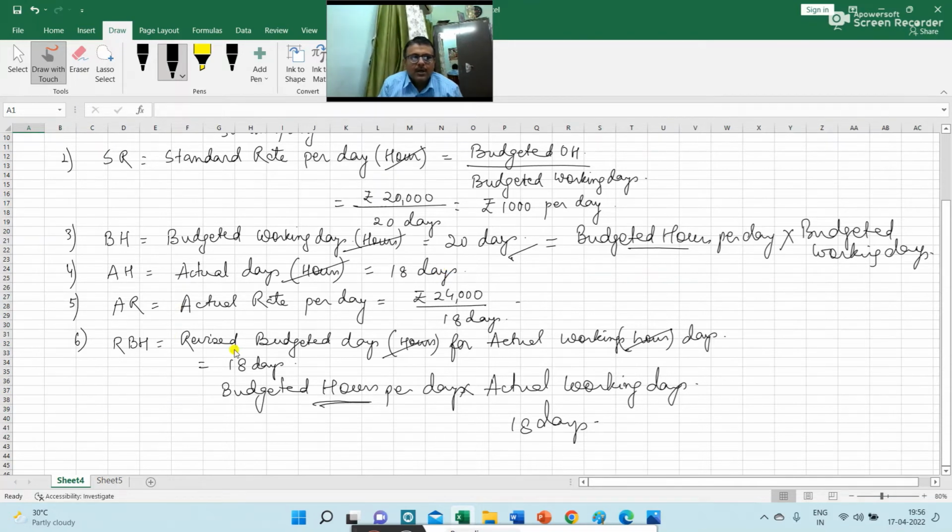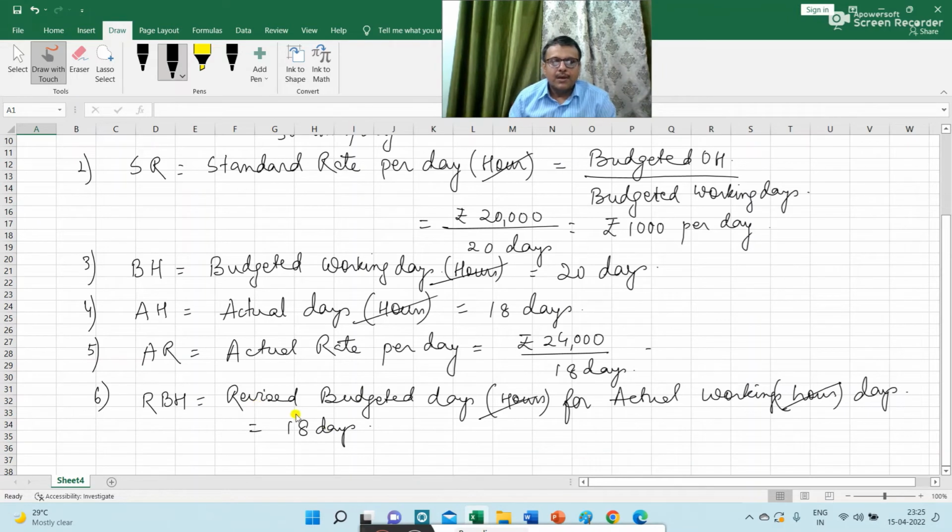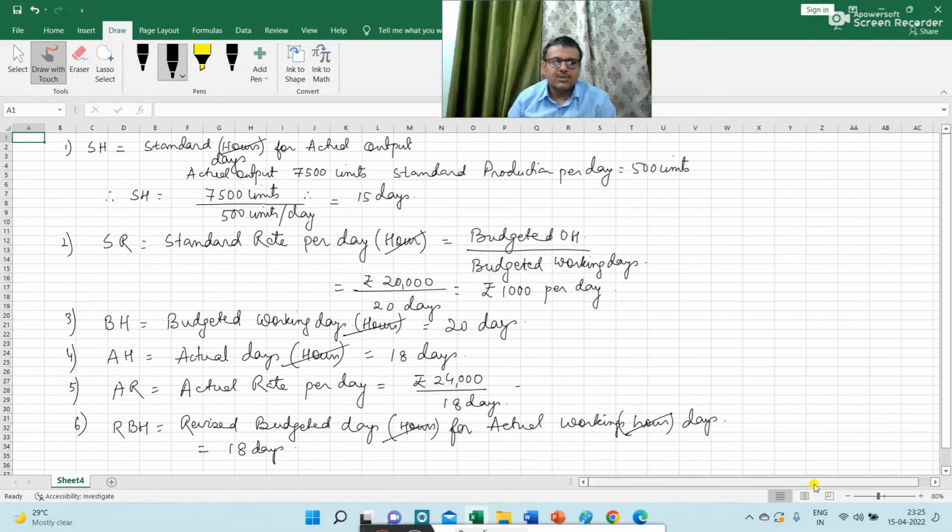So your calendar variance will exist, whereas the capacity variance will be nil. Revised budgeted day and the actual working day will remain the same, that is 18 days. You can see the 6 parameters that I have calculated here for your understanding.